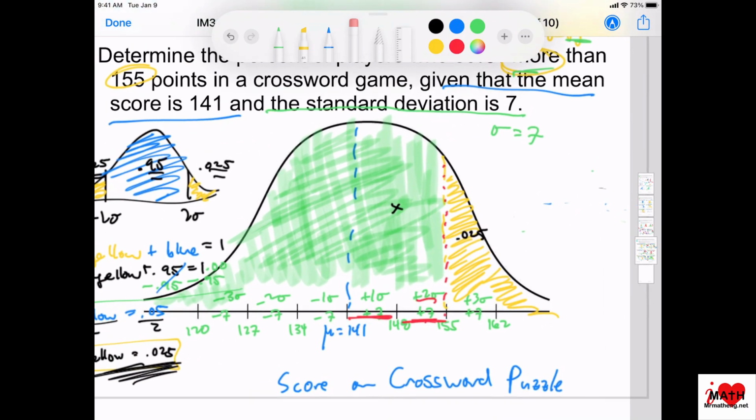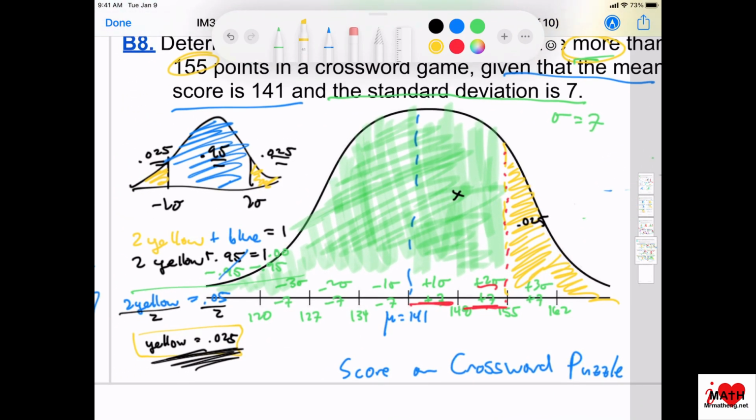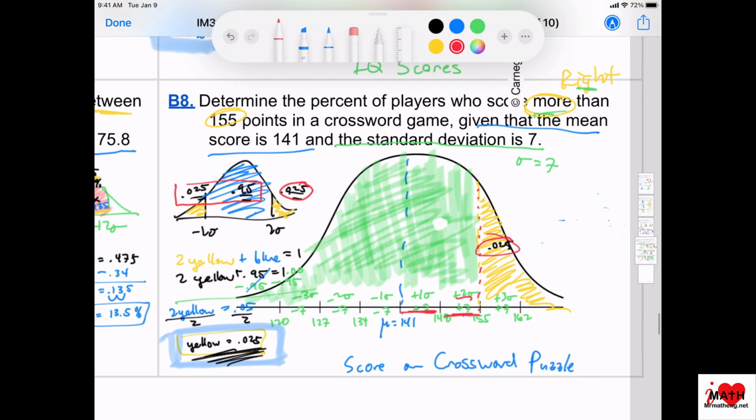The answer is 0.025. This is your answer. I did not actually need to solve for X. I'm just solving for the yellow region. If you wanted to solve for the green region, you can just add these two numbers together, right? But all I wanted to know was the 0.025, and that was B8.